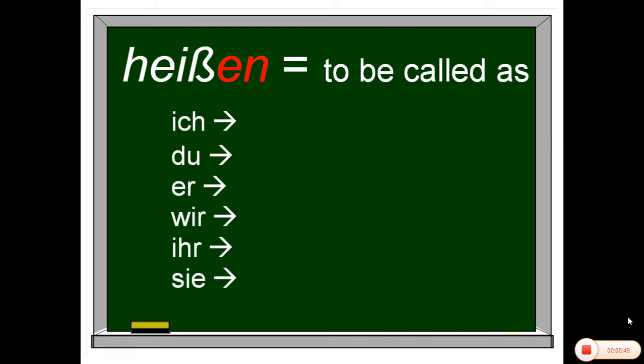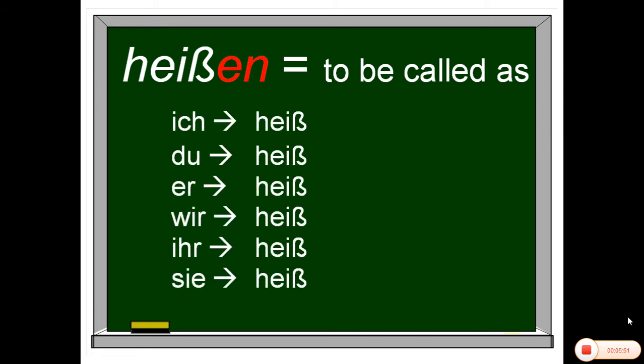Heißen is a little different verb because we have here esset. The root ends with esset. So for du, we will add only t and not st. Ich heiße, du heißt. Now see, only t will be added, because esset plus one s is not needed, because esset itself is pronounced as double s.